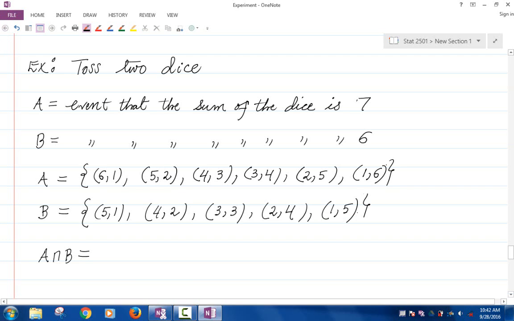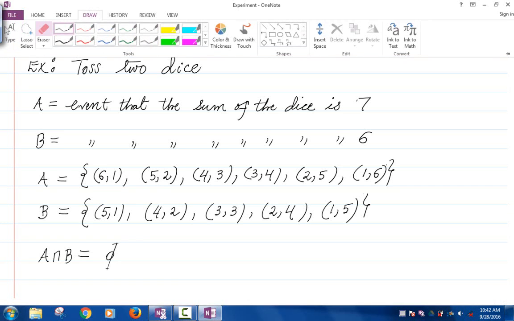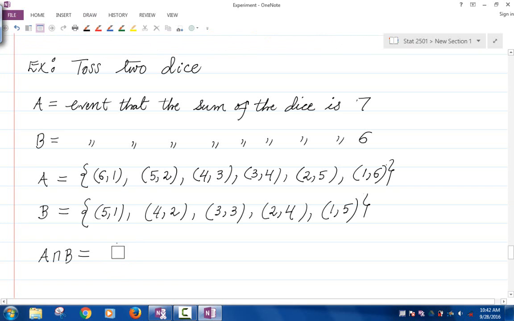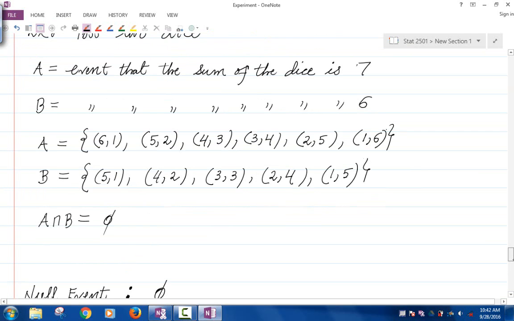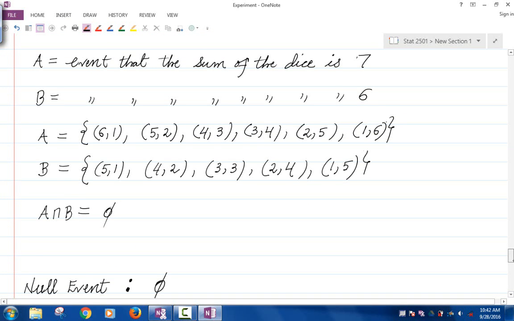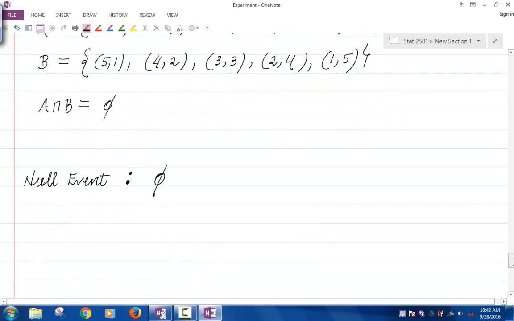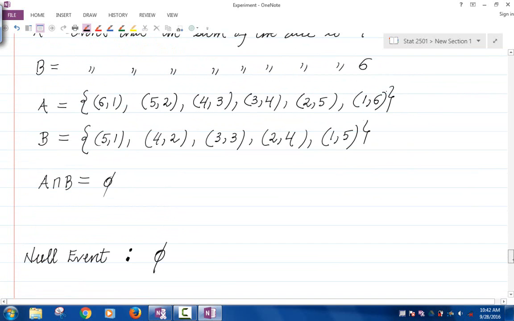So what is the intersection of A and B? Null event, right? It's the null event. The intersection of A and B is the null event. So basically, you cannot get a sum of 6 and 7 at the same time, right? Obviously. So these are disjoint or mutually exclusive events then. Any questions on that example?